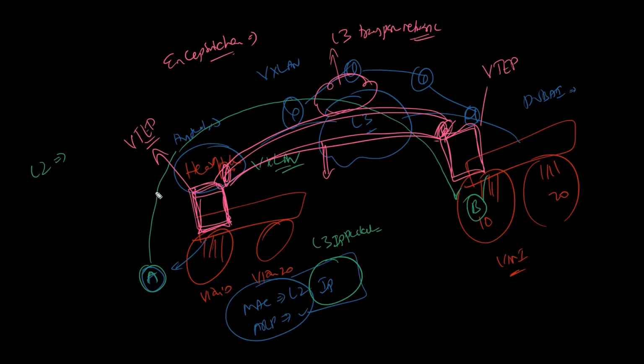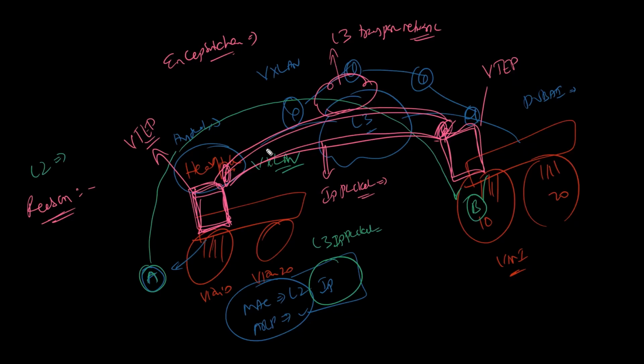Now, why does it do that? The reason is that the entire packet is IP based and we are transporting over a layer 3 network, so it requires some kind of encapsulation. It also provides some flexibility.